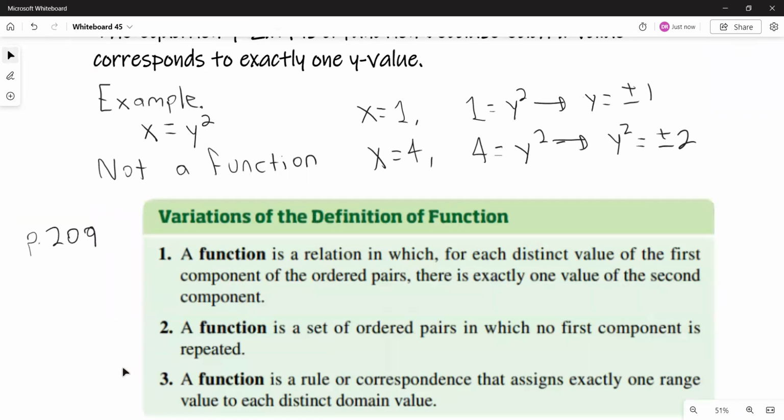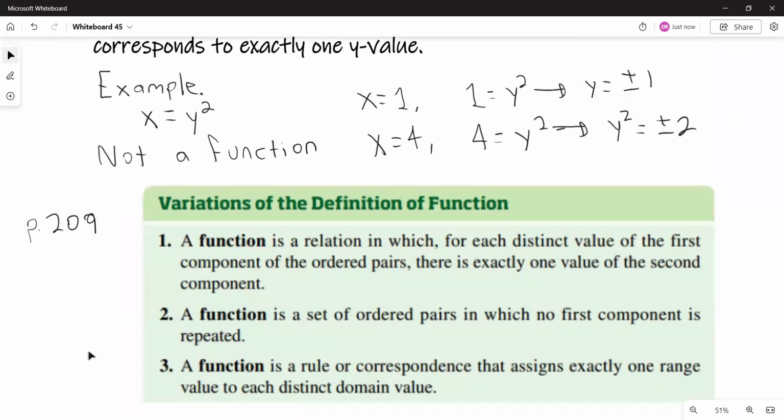A function is a relation in which for each distinct value of the first component of the ordered pairs, there is exactly one value of the second component. You can also say that a function is a set of ordered pairs in which no first component is repeated. And another way to say it is that a function is a rule of correspondence that assigns exactly one range value to each distinct domain value.